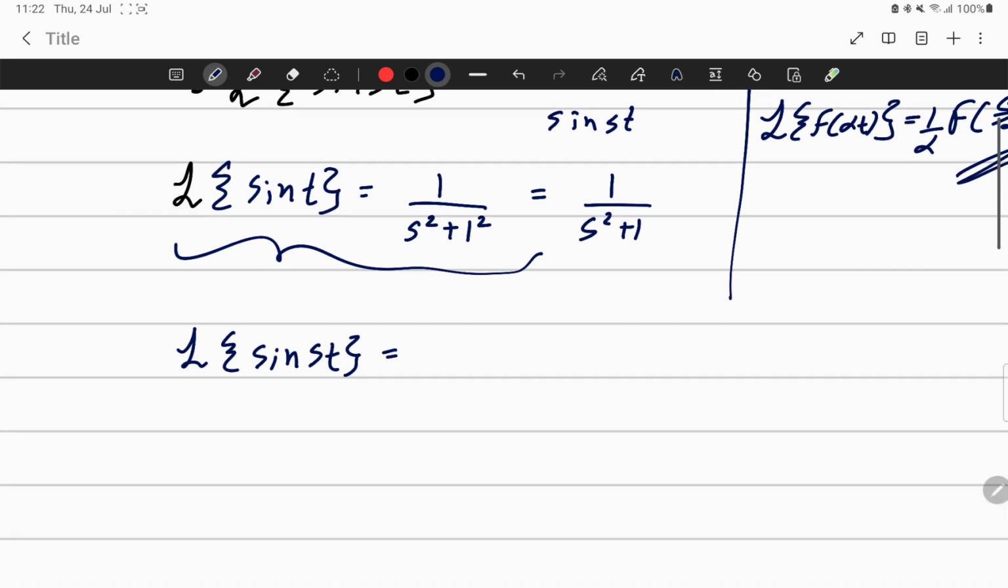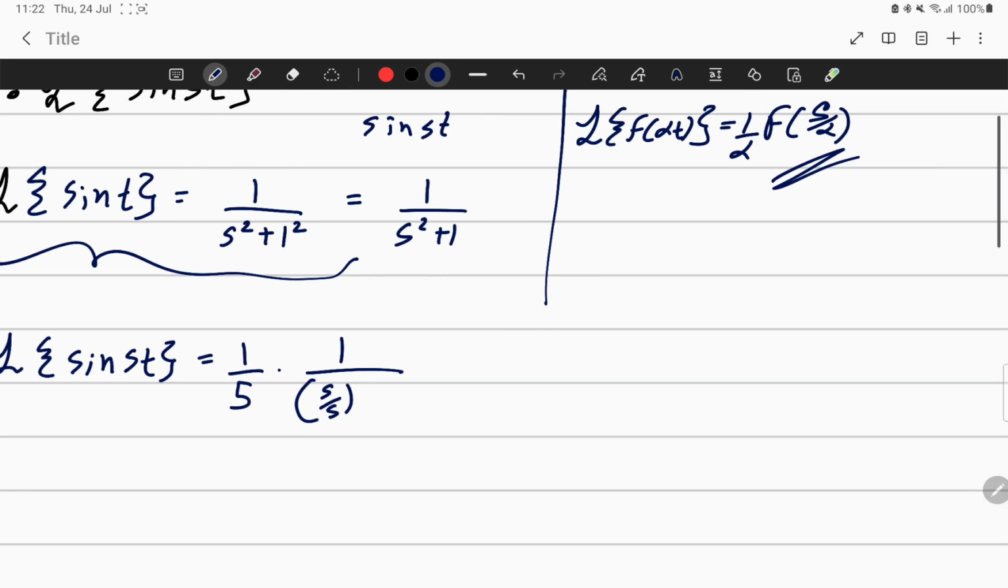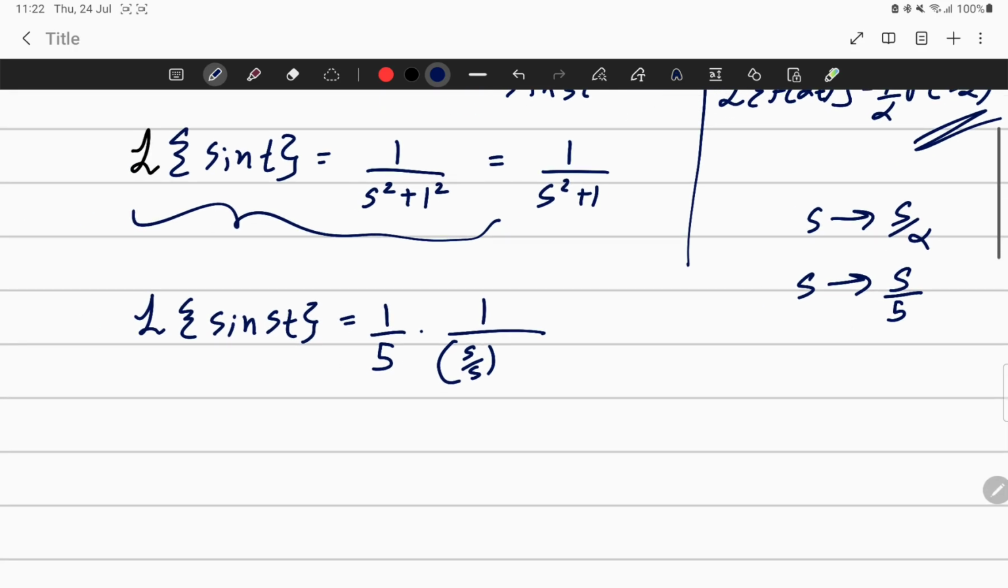So here alpha is 5, so when I use that formula, it is 1 over 5 times 1 over, here s is s over 5, right? Because I have to shift s by s over alpha. So here s has to be replaced by s over 5, right? S over 5 squared plus 1.